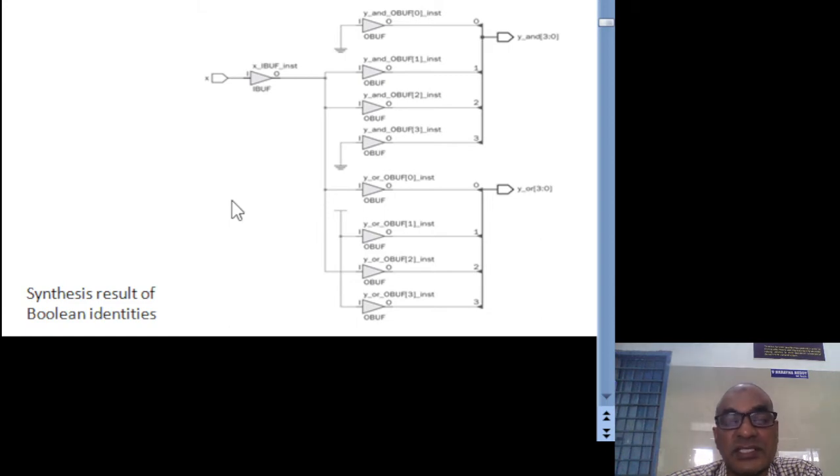Since in the case of identities you may get the 0 value, 1 value or the same value, that is what you can observe here. Based on the Boolean identities only, this is the synthesis report using Vivado Design Suite.